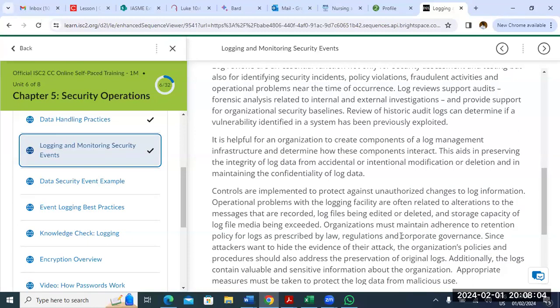And not only that, operational problems with the logging facility are often related to alterations to the messages that are recorded. These are part of the issues that we have these days. Log files being edited, deleted, especially by people that have privileged access. When you have a privileged access, you can do anything. You can create, you can delete vital information.